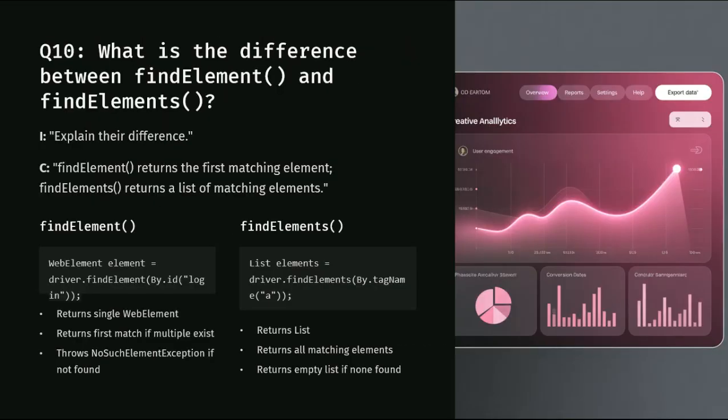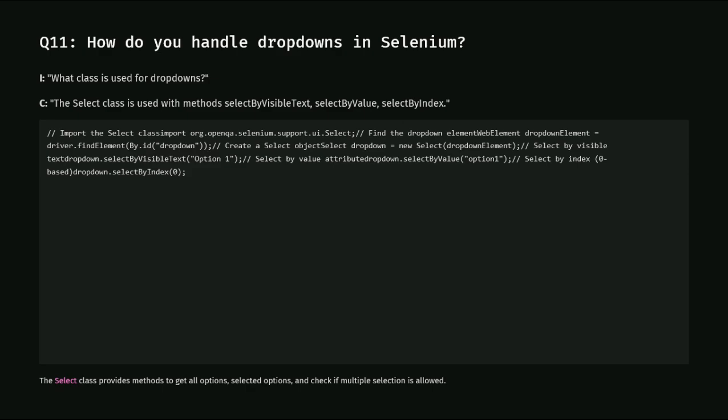Now, next is, what is the difference between findElement and findElements? Or explain the differences between them. Candidate: findElement returns the first matching element, while findElements returns a list of matching elements. Next is, how do you handle drop downs in Selenium?